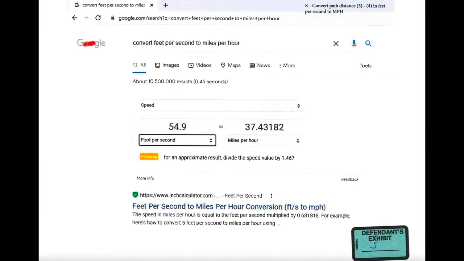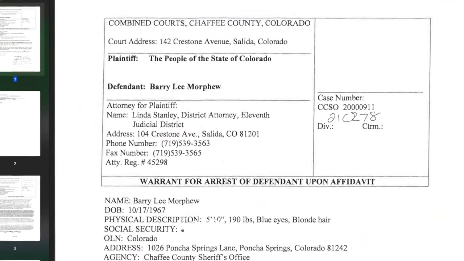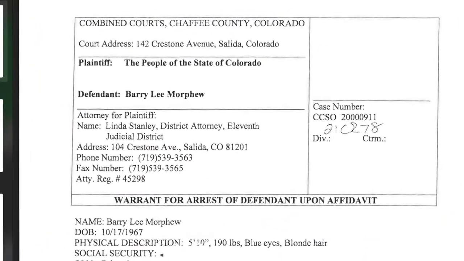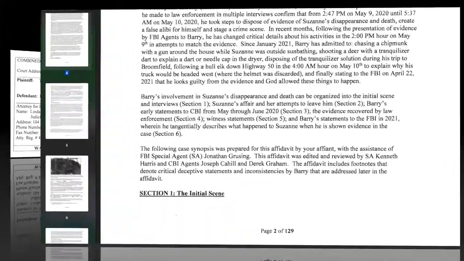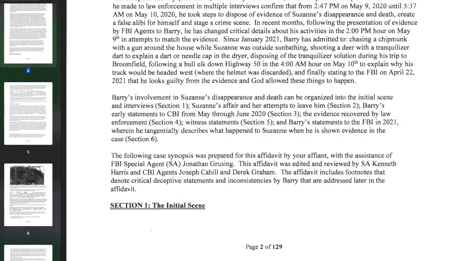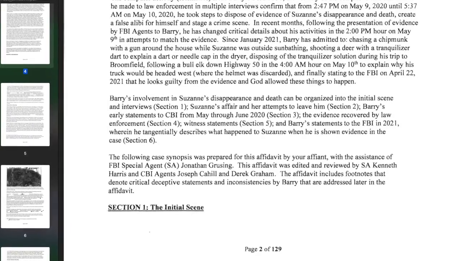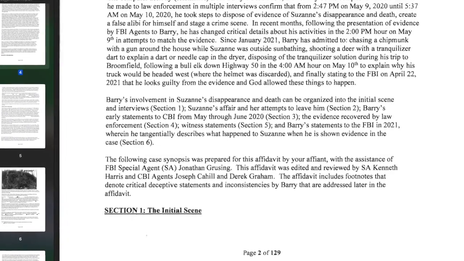But, as I said earlier, there is a twist. To understand the twist, we need to refer to the arrest affidavit. The prosecution didn't necessarily intend to include this particular data as evidence.